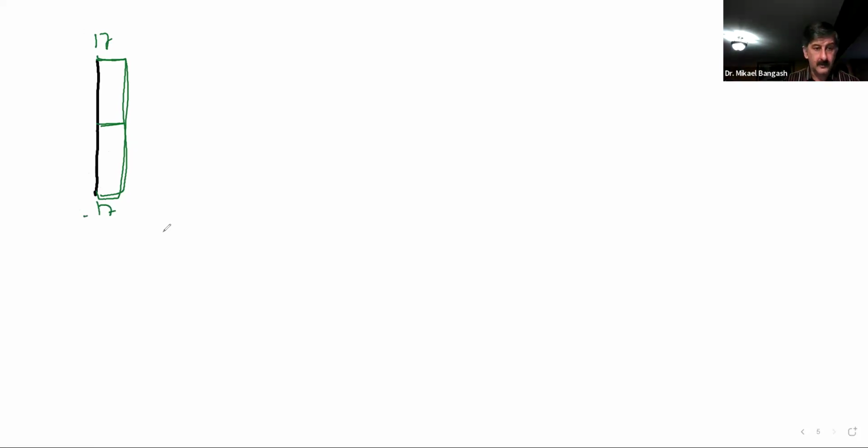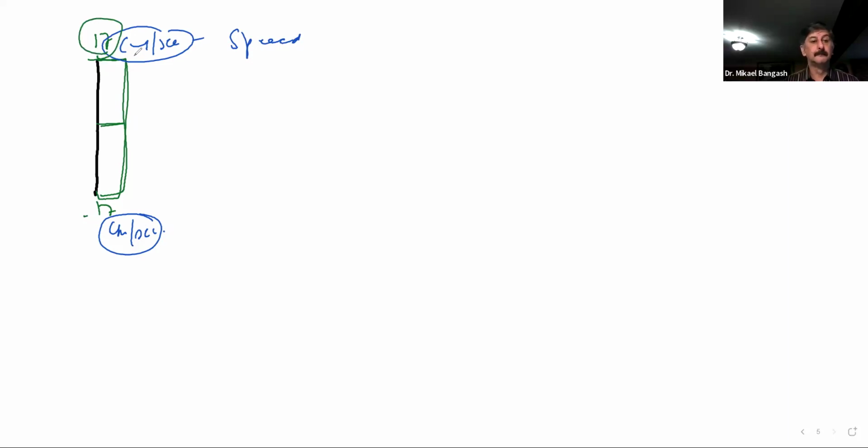But the main thing that we said was that we had a unit which was centimeters per second and centimeters per second. So what was this? This was the speed. What was the number limit on the speed here? 17 centimeters per second, or minus 17 centimeters per second.